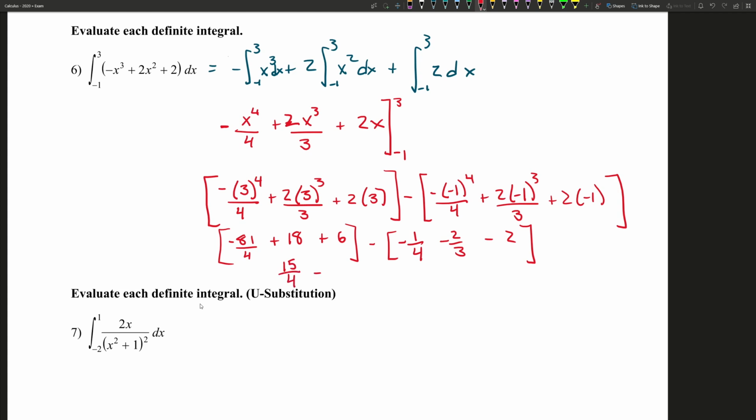minus 35/12. When we subtract those two things, this should be minus a negative 35 over 12.